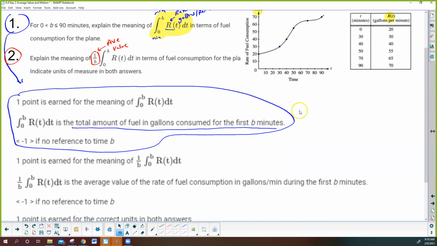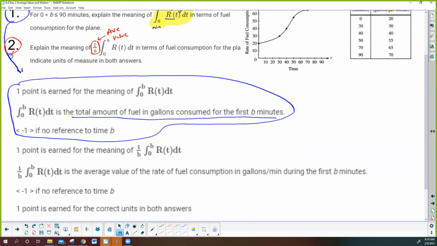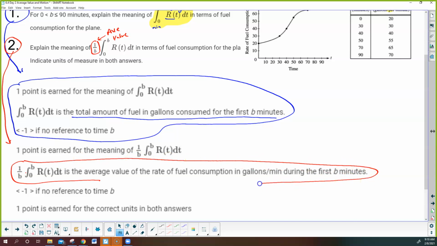So that means the answer down here is you got 1 point if you correctly said this meaning. Well, what is it? 1 over B times the integral from 0 to B is the average value of the rate of fuel consumed in gallons per minute. So you're basically just telling the person what that is. It's your average value of fuel consumption.